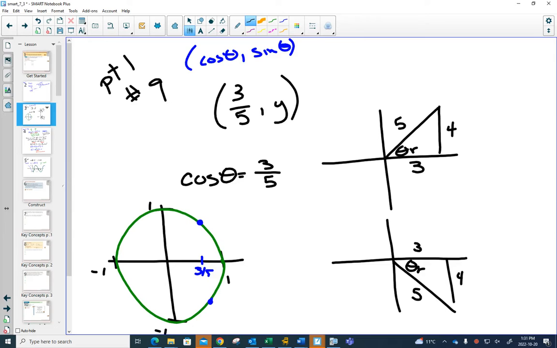And then your y coordinate is sine. Sine is opposite over hypotenuse, so you're going to get 4/5. But here it would be positive, and here it'd be negative. So there's our answer for the y coordinates on our graph.